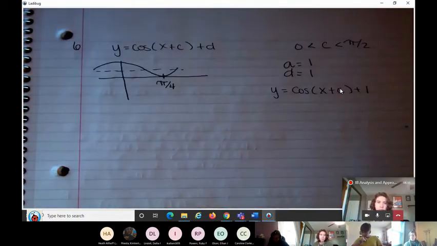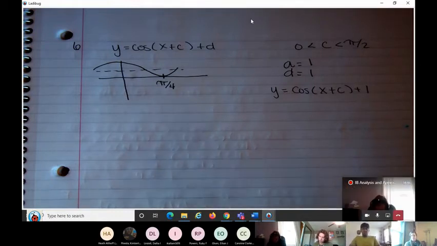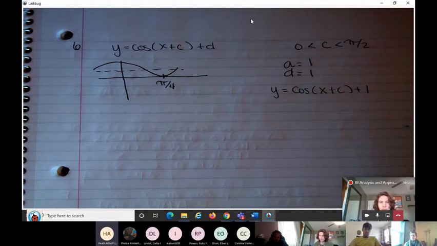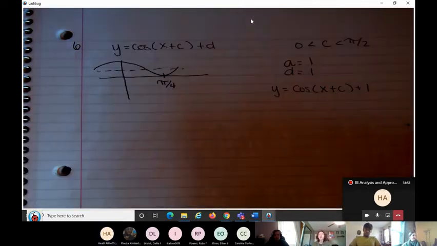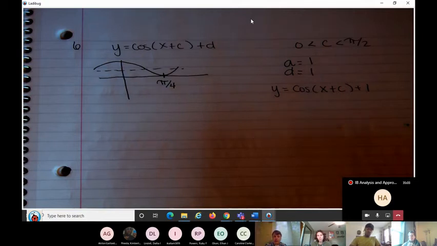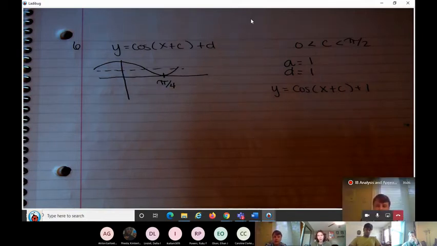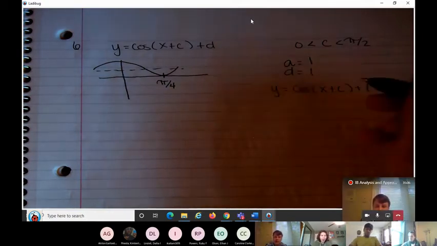Can we do something similar to what we did last time? Yeah, we can plug in pi over 4 and 0. Very good. That's Heath saying that, right? You plug in pi over 4 for x and 0 for y. Perfect.